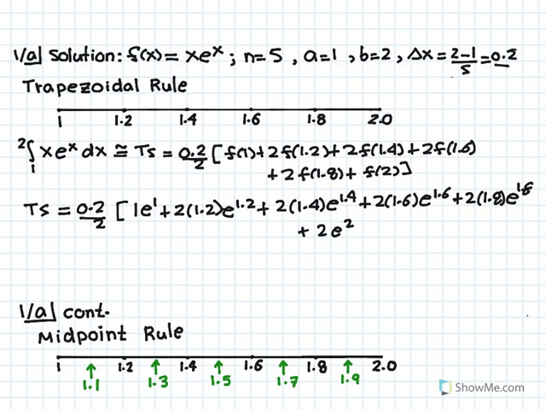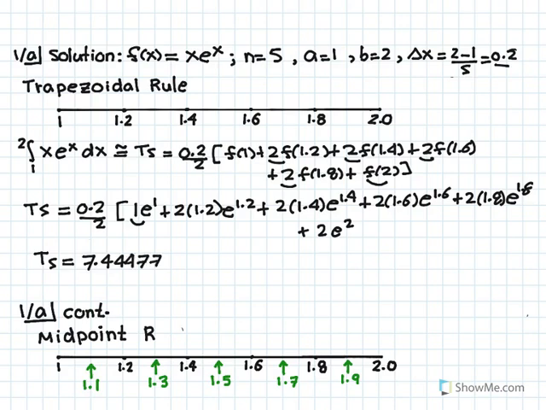All right, notice how the first and last only have 1 in the front. So basically it's 1 times f of 1 and 1 times f of 2. And all the middle ones have 2's in them. That's how you remember this. It's like the 1-2-2-2-2-1 rule. If we add all of this up and put it into a calculator, we're going to get T5 is equal to 7.44477.